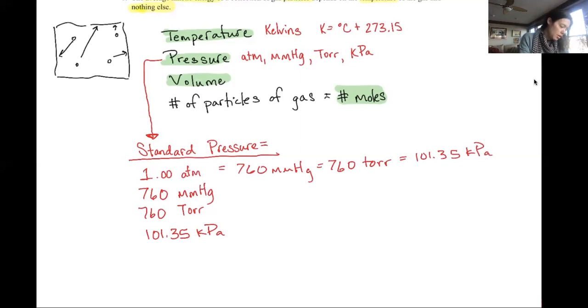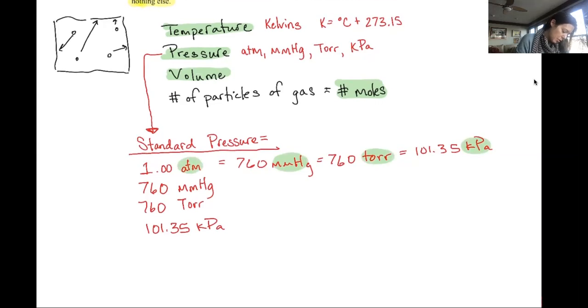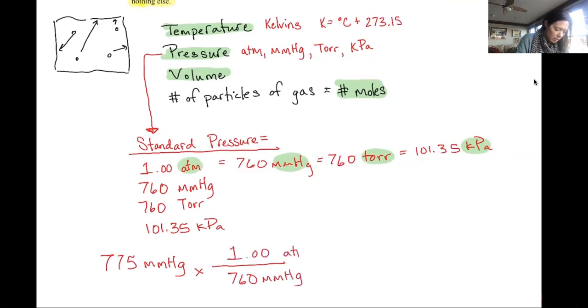I can convert between any of these units, right? For example, if I have a pressure of 775 millimeters mercury, I can say that every 760 millimeters mercury is equal to 1.00 atmosphere.